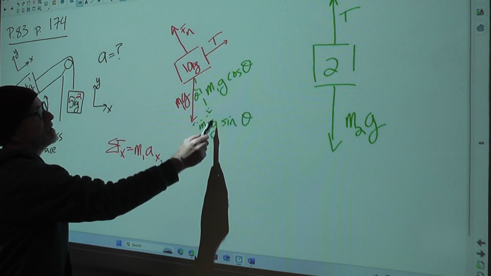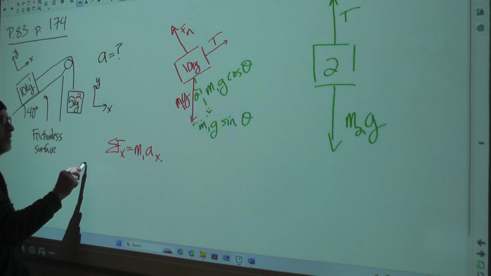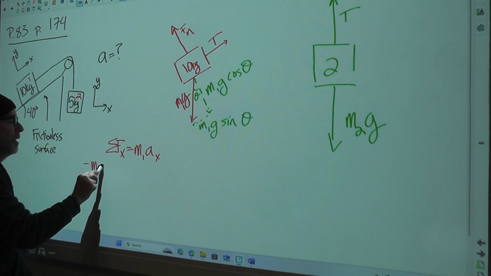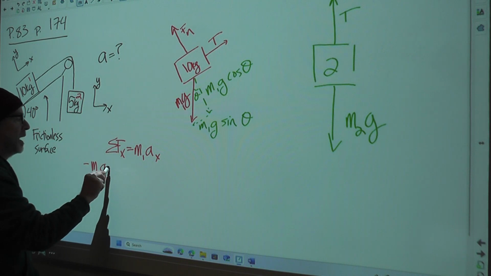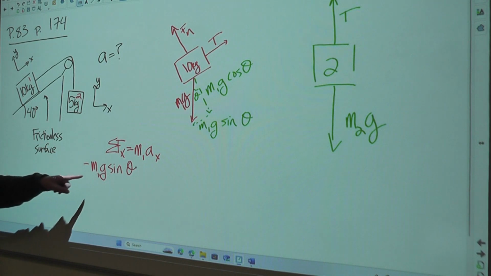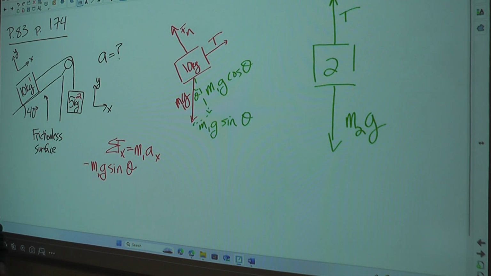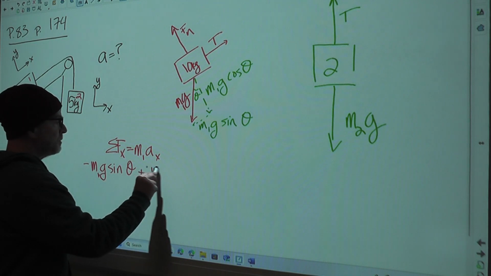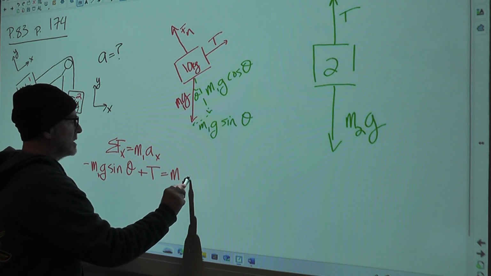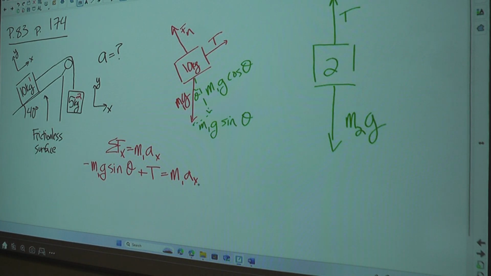And our forces are the gravitational force in our negative direction. So this is the parallel component of the gravitational force. It's in my negative direction, so I put a negative sign in front of it. The magnitude of this force is positive. And the tension is positive. That's going to equal this object's mass times its horizontal acceleration.